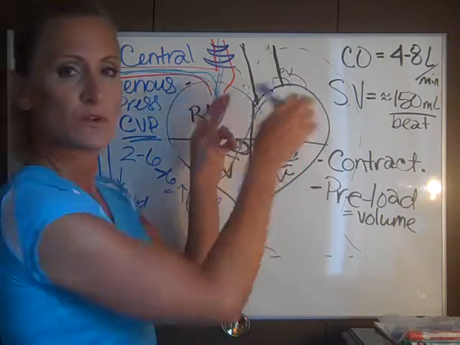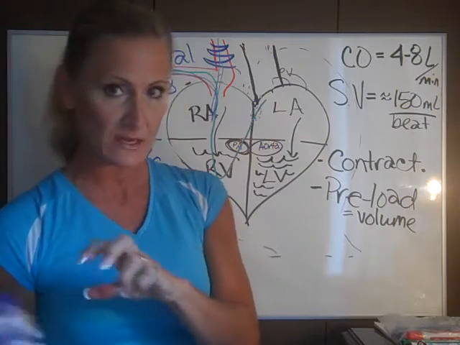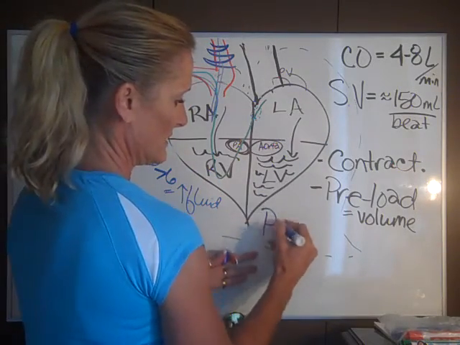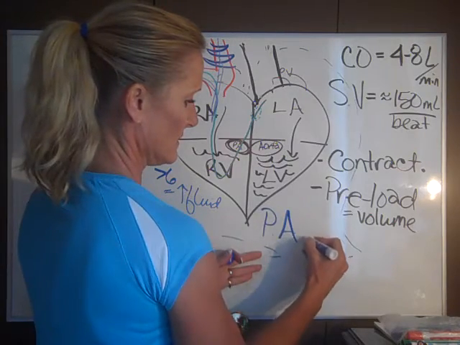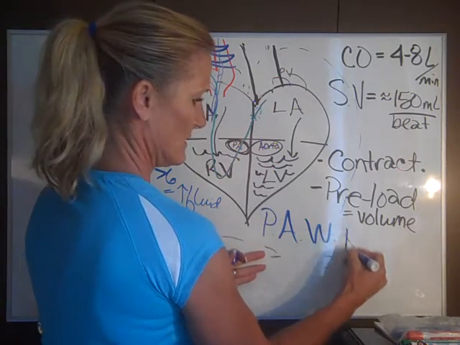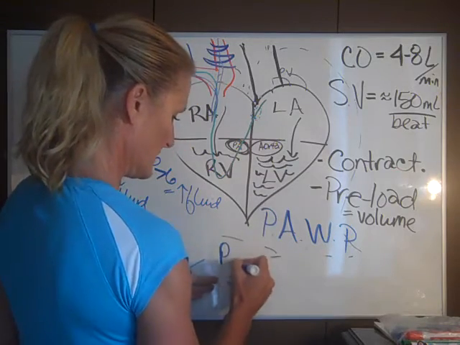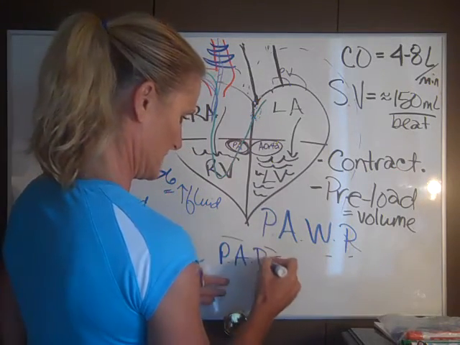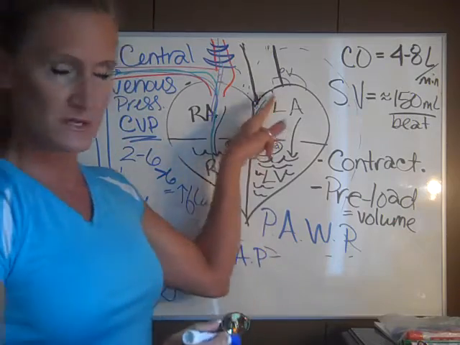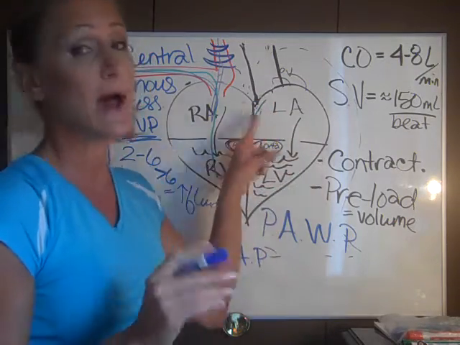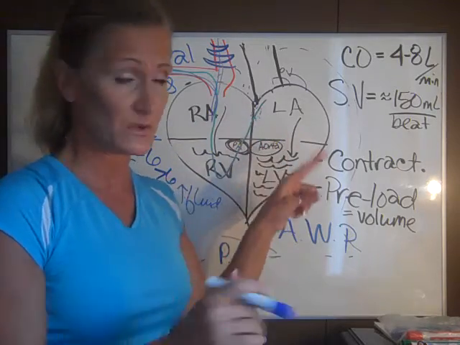And then you get what's called your wedge pressure reading, your pulmonary arterial wedge pressure. Not to be confused with your pulmonary arterial pressures. Pulmonary arterial pressures is just like blood pressure in the left side, not using an inflated balloon.